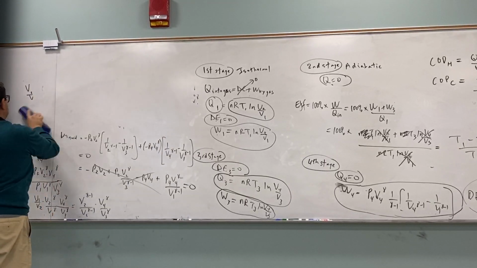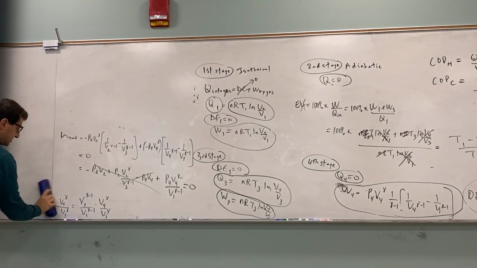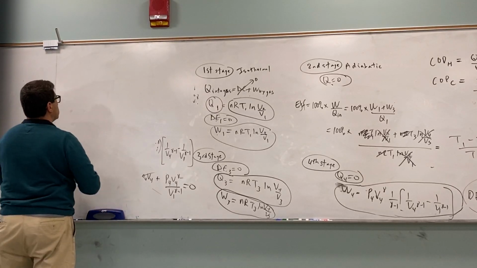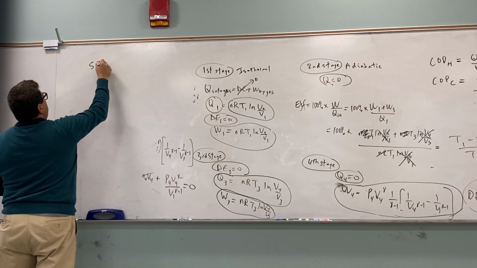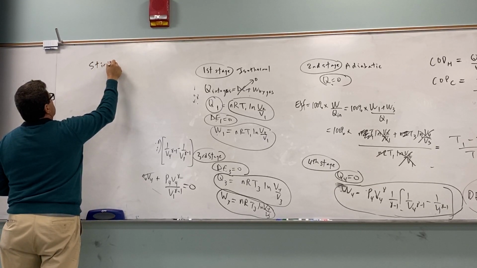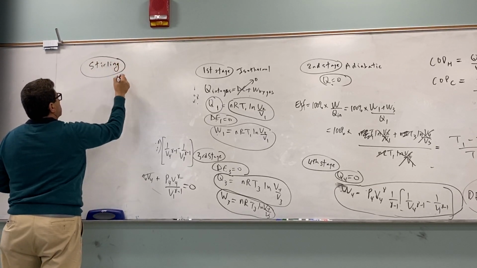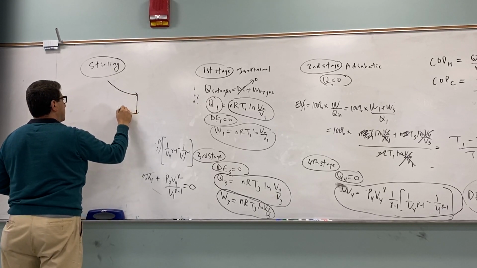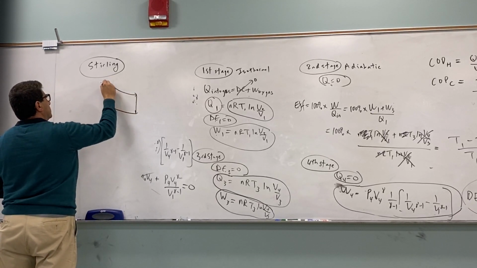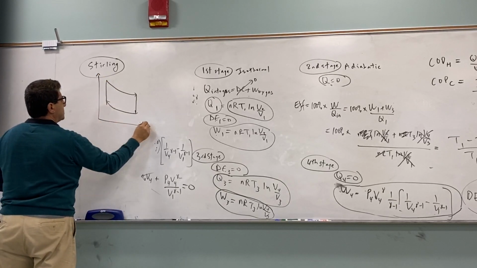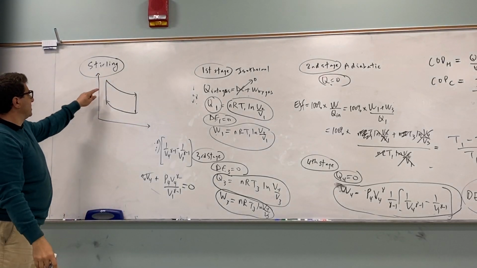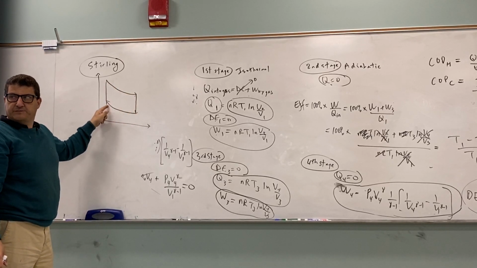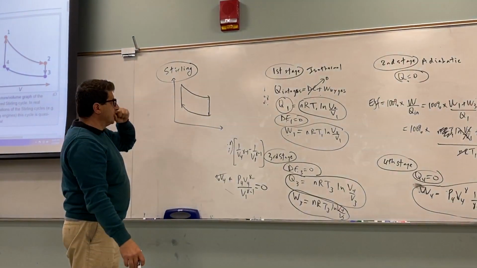And then we could do some of the other ones on Monday. Stirling. So it's isothermal, isovolumic, isothermal. And we call them the same thing again. P1, V1, P2, V2, P3, V3, P4, V4, you know.